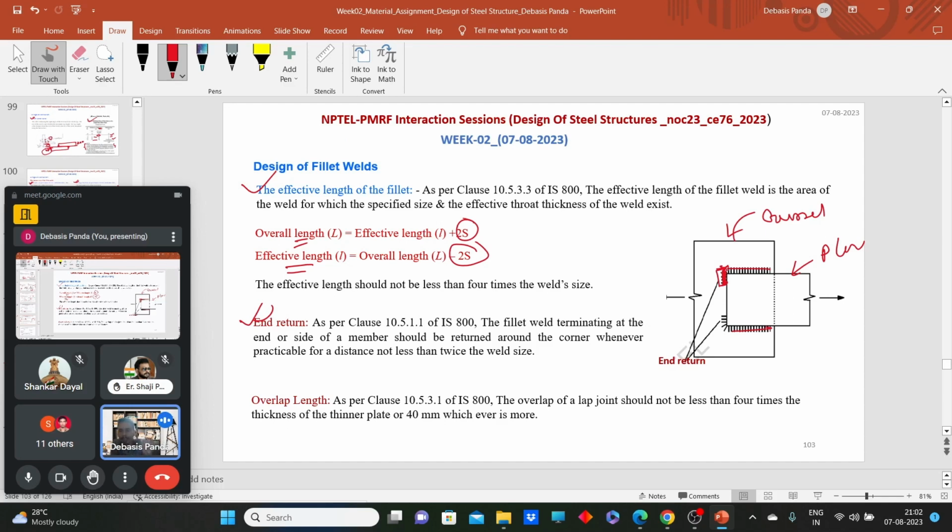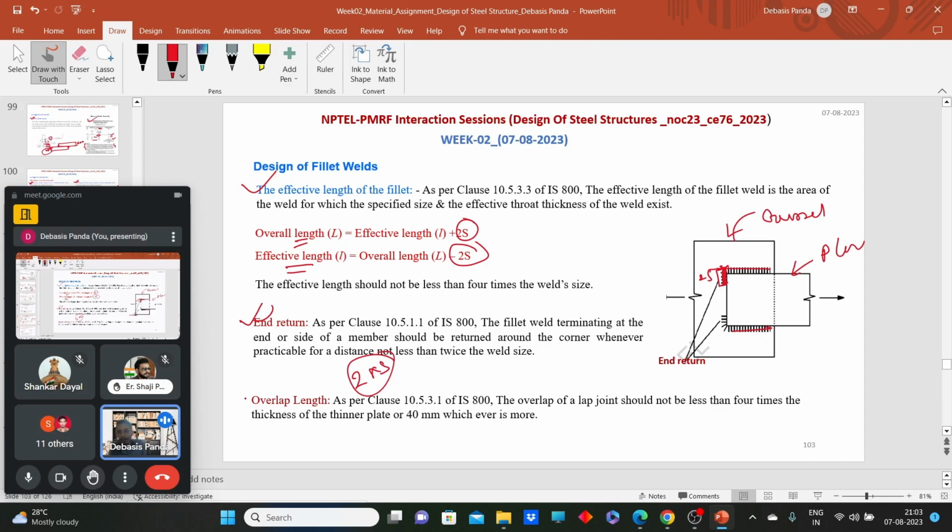For this purpose, the code says that we need to extend the weld up to 2 times the size of the weld as an end return. So wherever we have terminated the weld, according to the edges, we have to provide 2 times the size of the weld as an end return. Why? To have a quality termination, and to have additional forces which will counteract the torsional part.